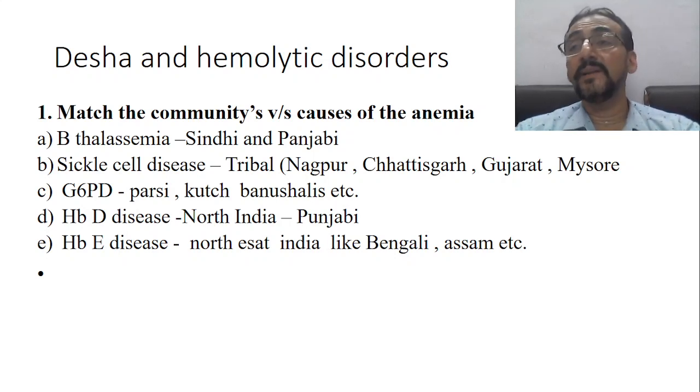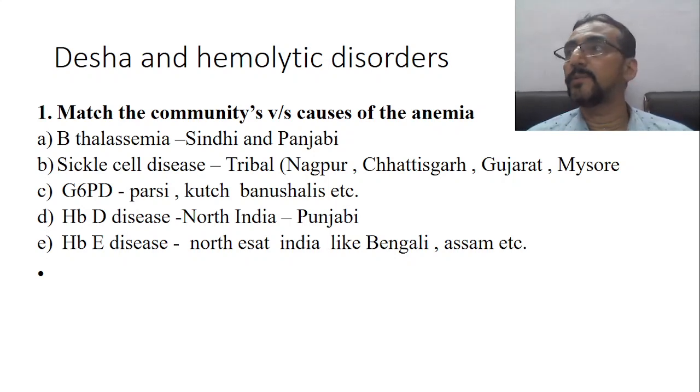Similarly, G6PD deficiency is common in Parsi population, Kutch population, and Bhanushalis. HbD disease is there in North India, especially Punjabis. HbE disease is in Northeast India like Bengal and Assam. So this is the geographical distribution of some of the hemolytic disorders.